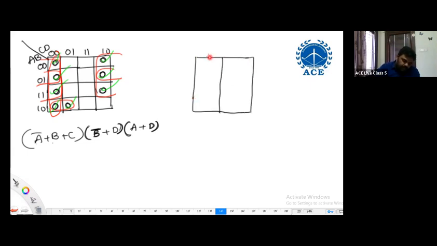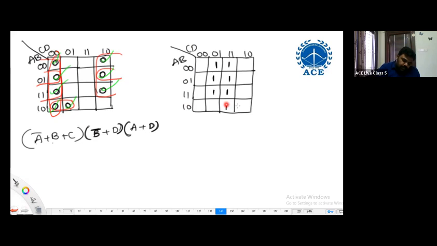Let us find minimal expression in SOP using minterms. Then groupings 1, 2, 3, and 4.